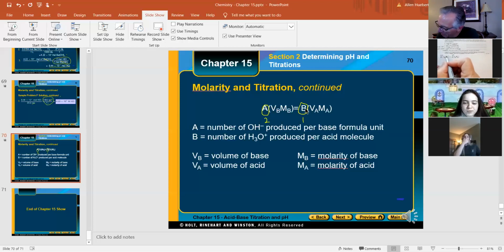Okay, so let's go to this and let's just look at the balanced equation. We said they're in a 1-to-1 ratio, right? So this is 1 for hydroxide. There's 1 hydroxide here. What's the volume of the base in this problem?